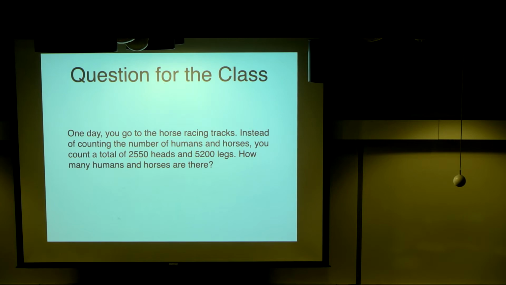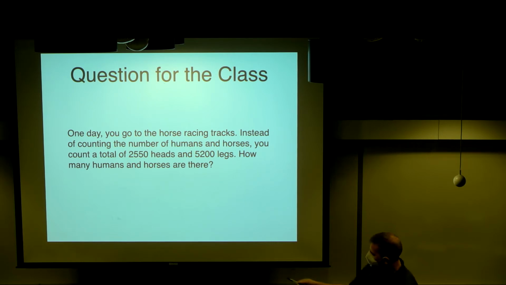I want you guys to try one out. It's actually very similar. The way you approach this one is really similar. It's kind of a goofy example, but let's go with it. So let's say one day you go to the horse racing tracks, and instead of just trying to count how many humans and horses there are, you just count the total number of heads you see, the total number of legs you see.